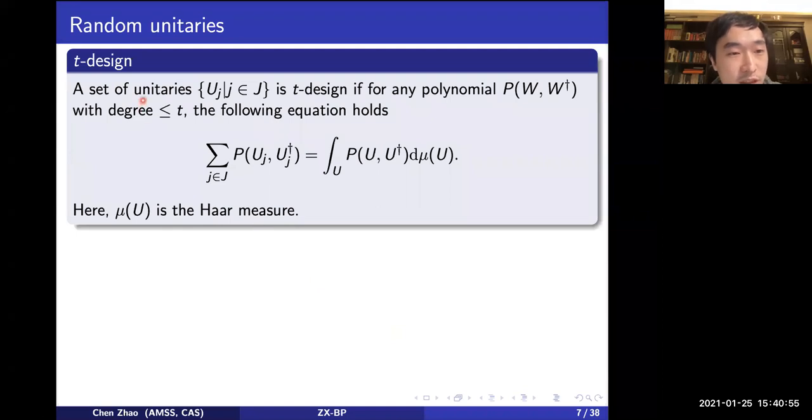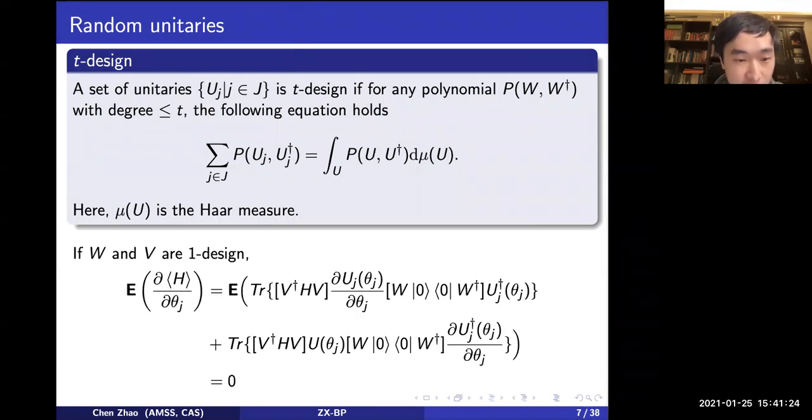T-design is a notion that characterizes how close a set of unitaries is to the Haar random unitary. When a set of unitaries is said to be a T-design, we cannot distinguish it from the Haar random unitary up to the T-th moment.